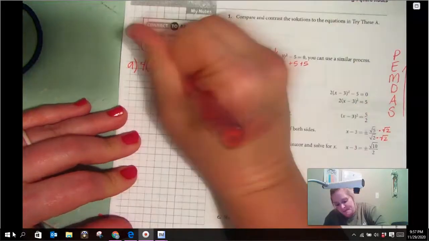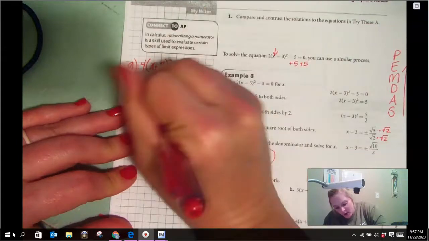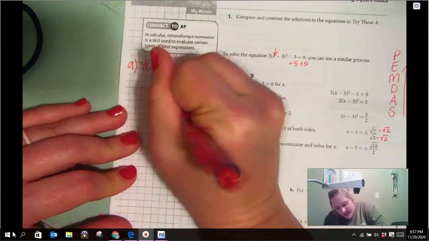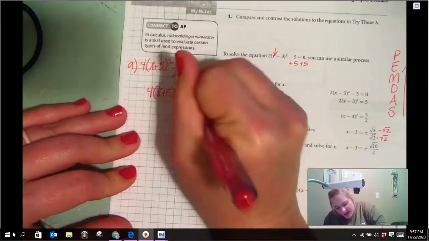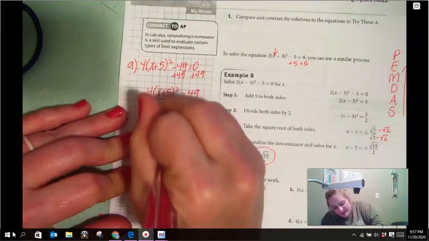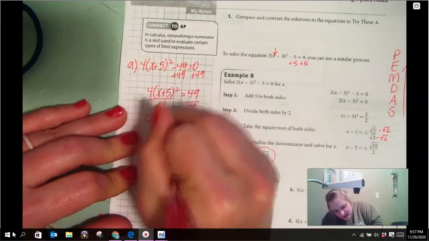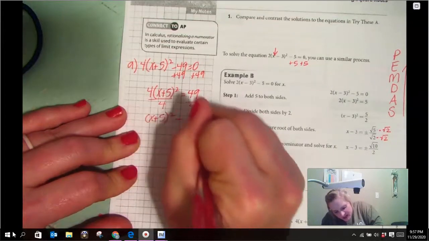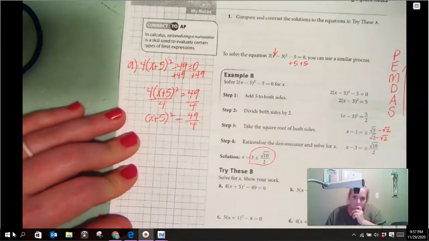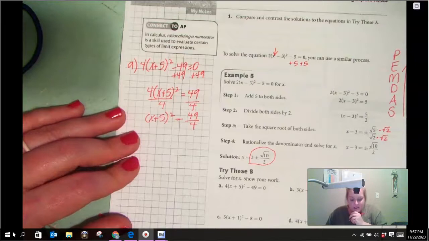I'm going to add 49. Okay, so I've got 4 parentheses plus 5 squared equals 49. Then I'm going to divide by 4. X plus 5 squared equals 49 over 4. I'm not simplifying that fraction, no decimals, just leaving it just like that.